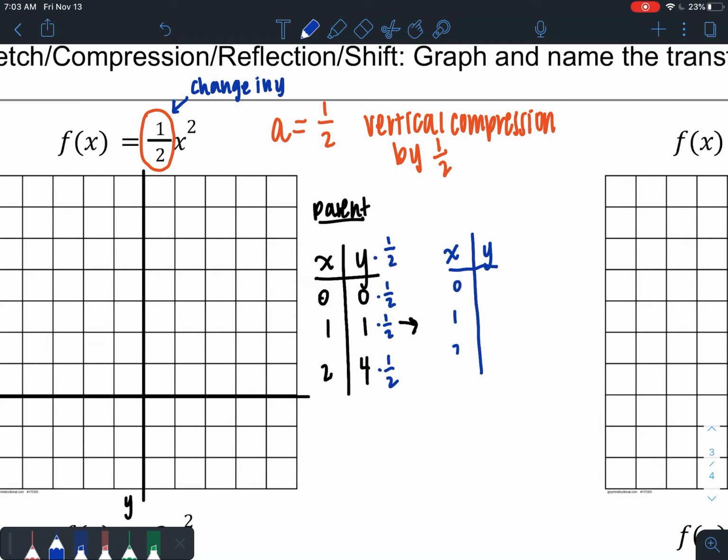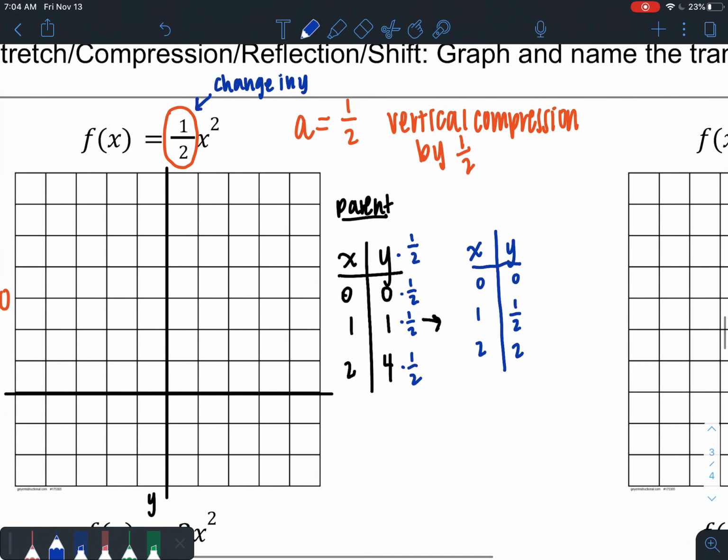My x's stay the same, and my y's are getting multiplied by 1/2. So I have 0, 1/2, and then 4 times 1/2 is 2. So then I'm going to graph those points: 0, 0, 1, 1/2, and 2, 2.